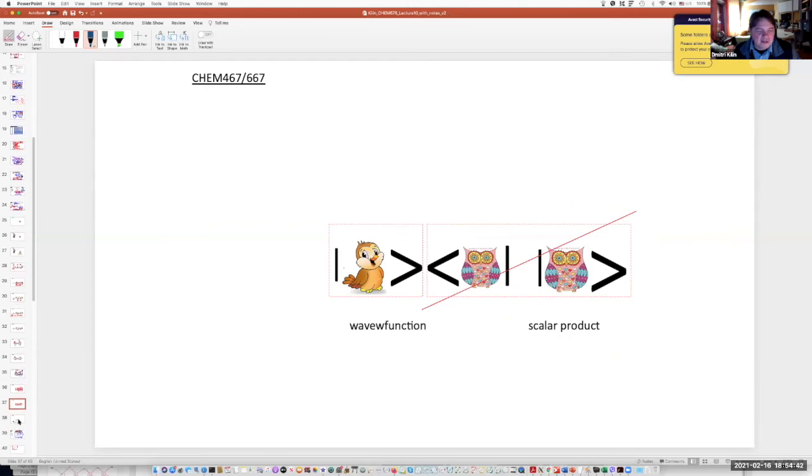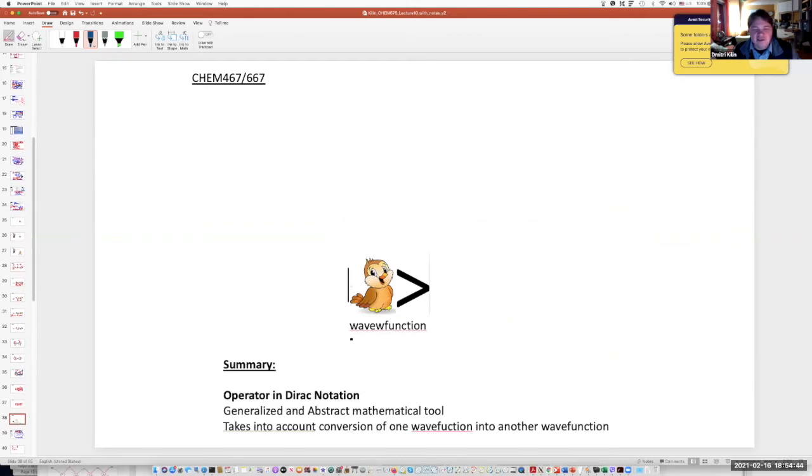So we remove it, and the only remaining thing is a wave function ket in the skylark state, right? So we show how the operator changes the wave function. And now, through the example of everyday life, we do have mathematical tools to describe change of the wave function.